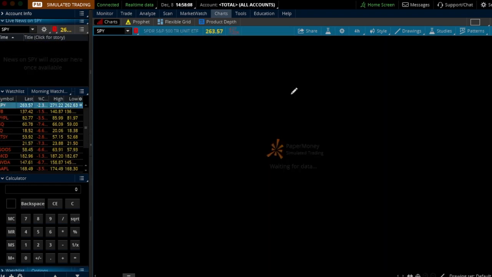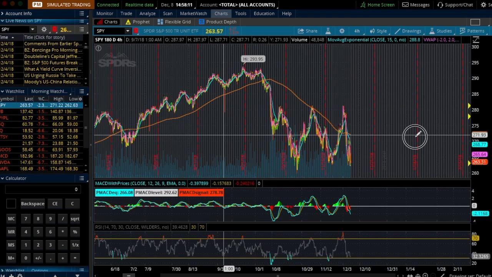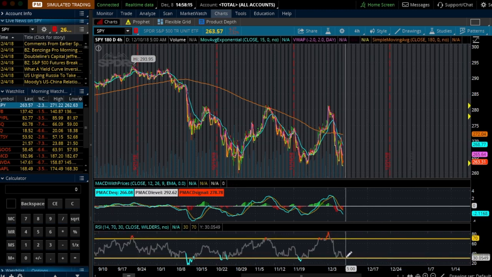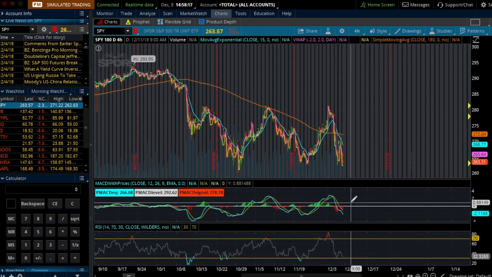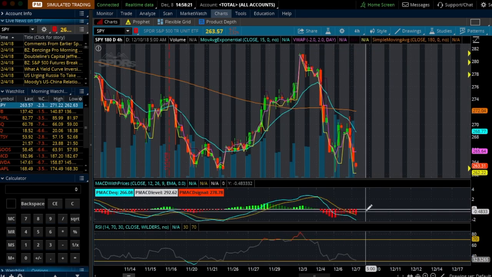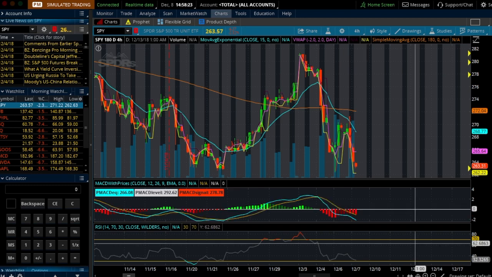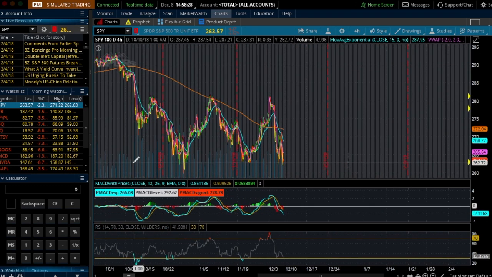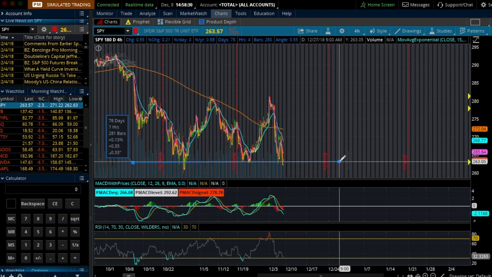So for the most part, overall for SPY, it is very oversold on the RSI, as you can tell here, and the MACD as well is caving inwards a little bit, so we might see it ramp up. So maybe some calls will be profitable later on coming into Monday, although you have to be very careful.